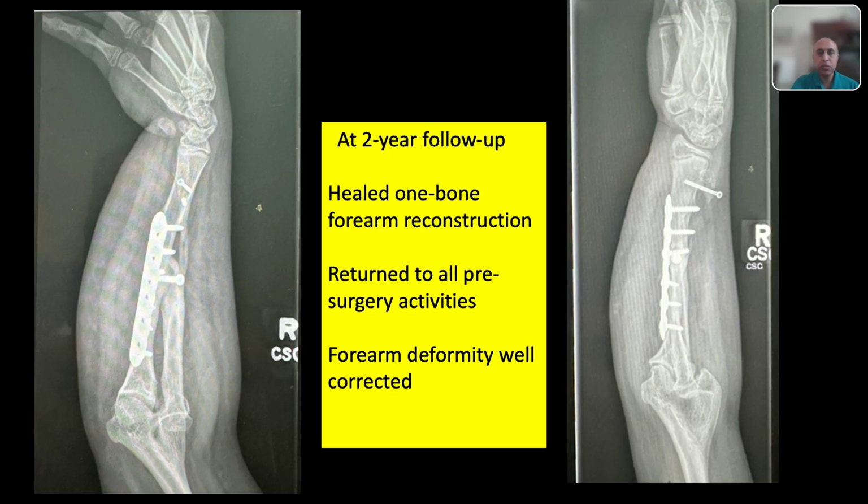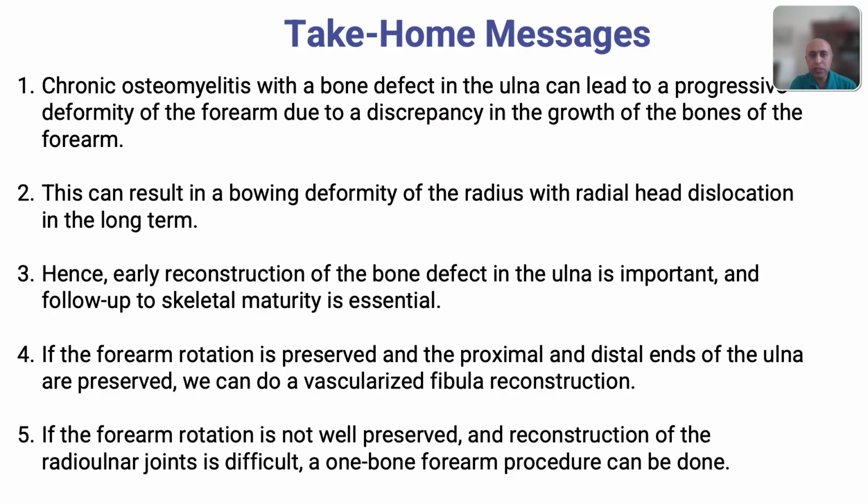So next slide, please. The take-home points are, chronic osteomyelitis of the ulna with pseudarthrosis can cause a progressive deformity because of the differential growth of the two bones in the forearm and the parallelogram effect, resulting in a bowing deformity of the radius to start with and a radial head dislocation later on.